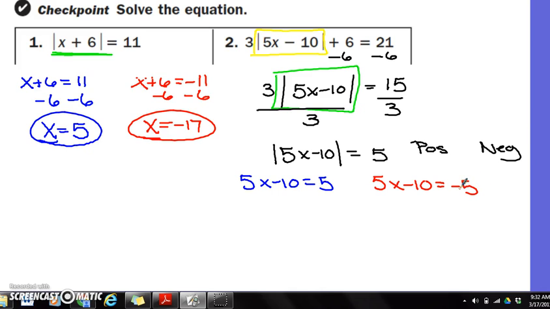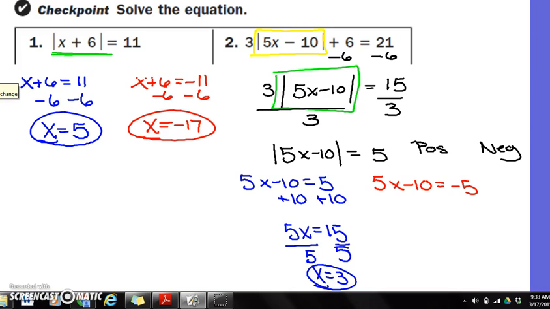Again, pause the tape as necessary. I'm going to go ahead and solve. On the blue one, the positive side, I'm going to add 10 to both sides and get 5x equals 15. Then you will divide through by 5, and x will equal 3. That's my first answer. On the negative side, I'm going to add 10.